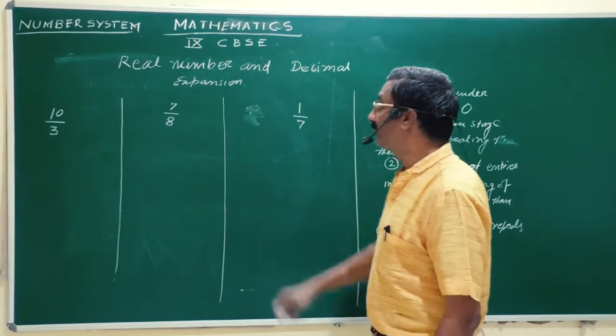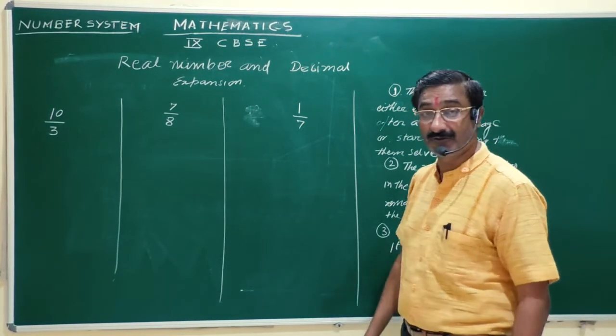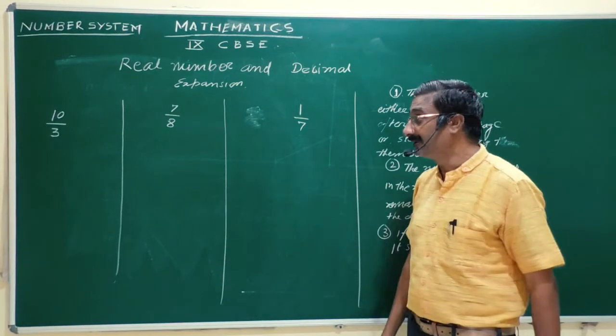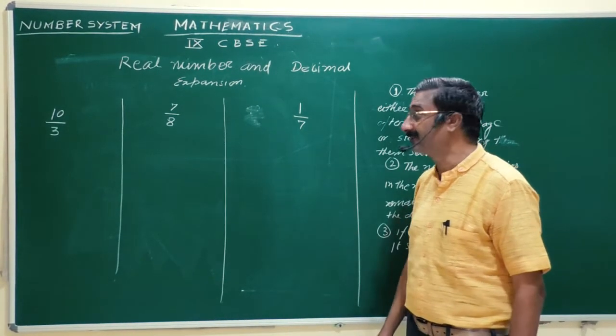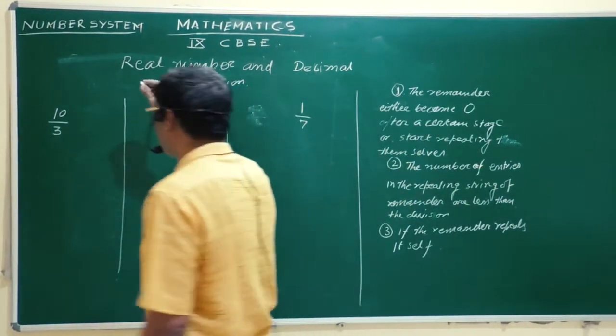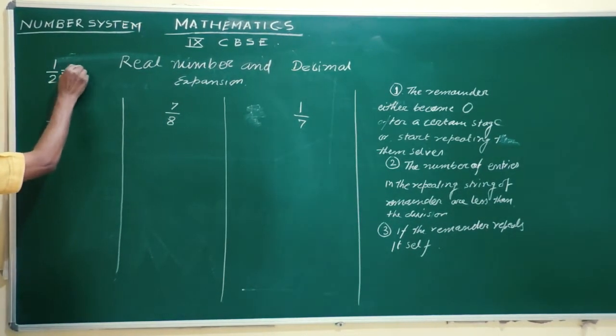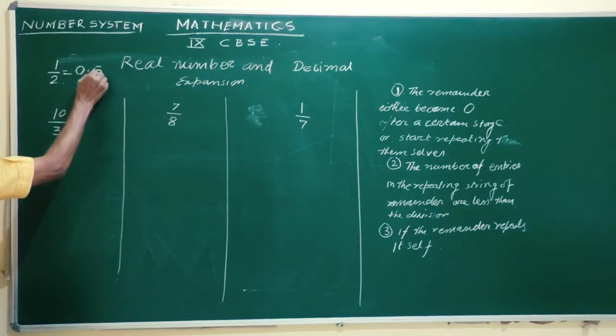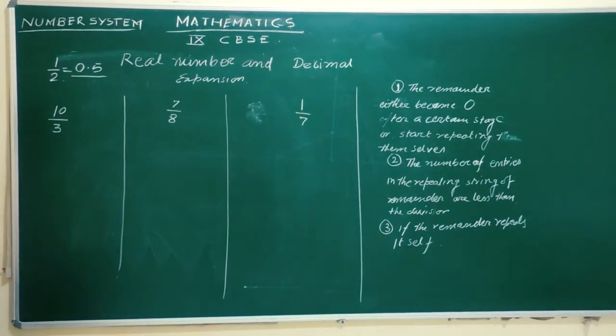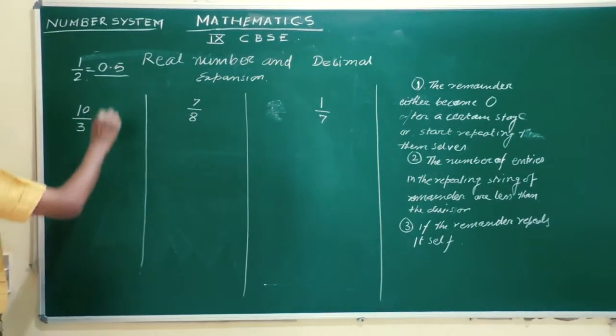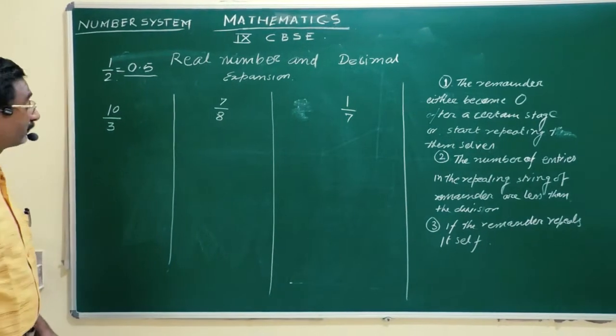So now next heading is real numbers and decimal expansion. You know the decimal expansion also. In their previous classes, you have done it. For example, you have solved 1 by 2. So this is equal to, you know, that 0.5. Means after 0.5, the remainder becomes 0.